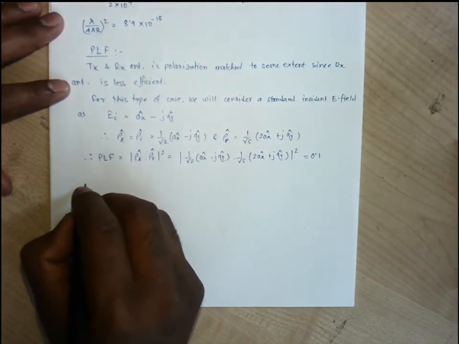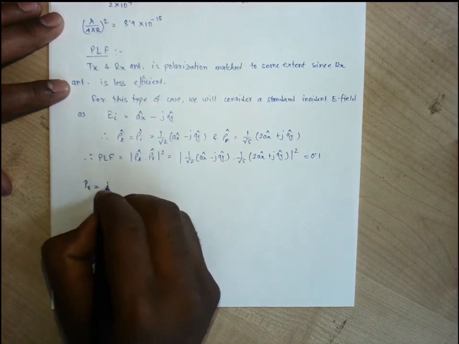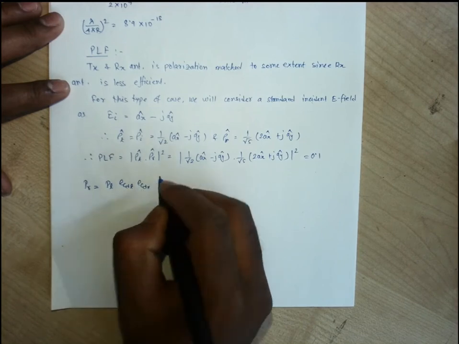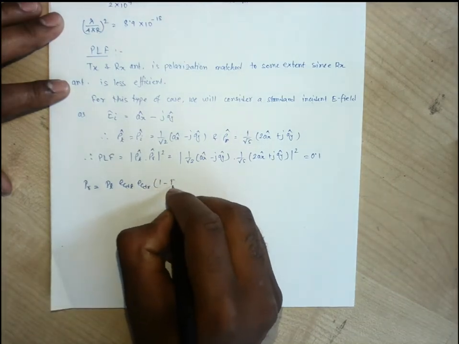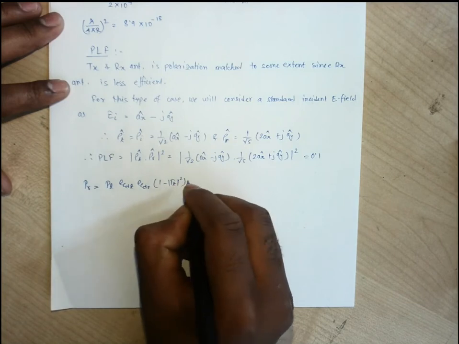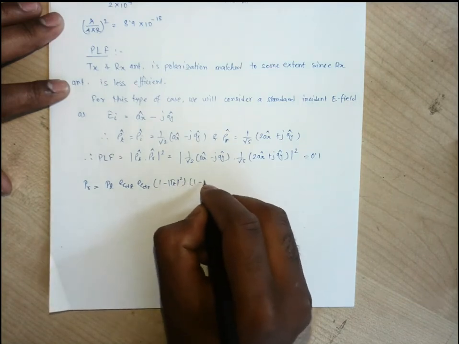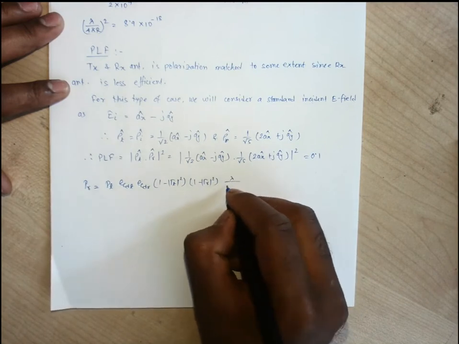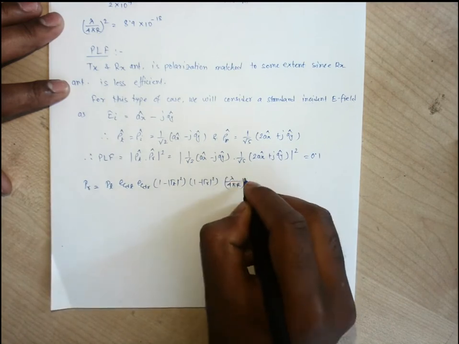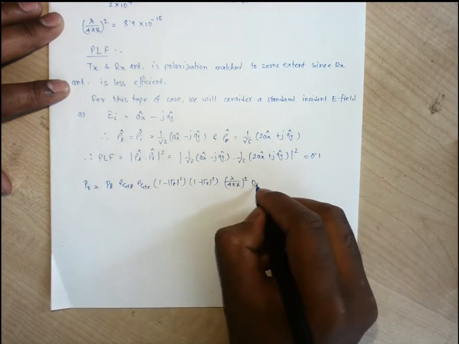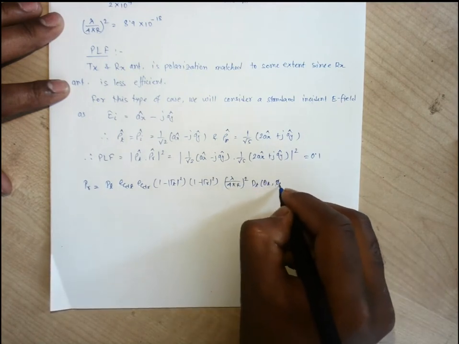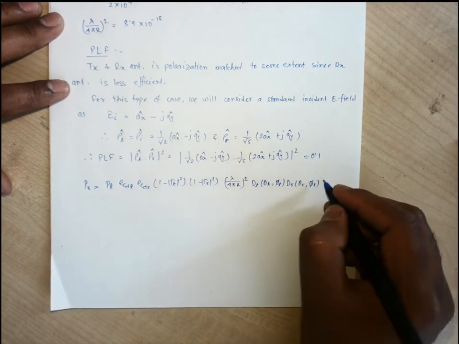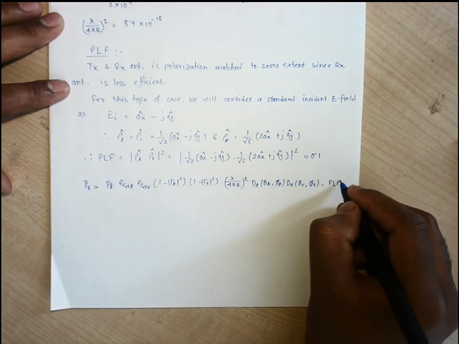Let us write like this: PR is equals to PT into ECDT ECDR, 1 minus gamma T whole square, 1 minus gamma R square, lambda by 4 pi R whole square, DT, dot PLF.